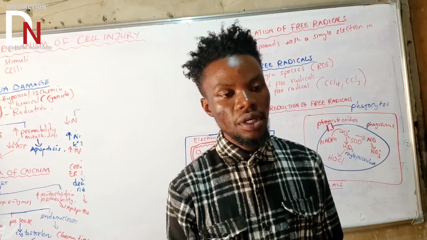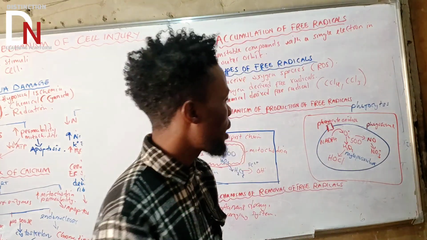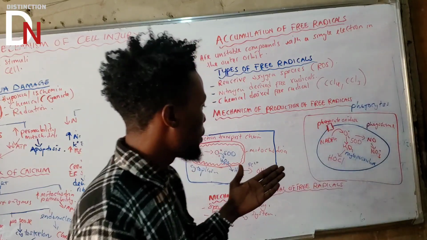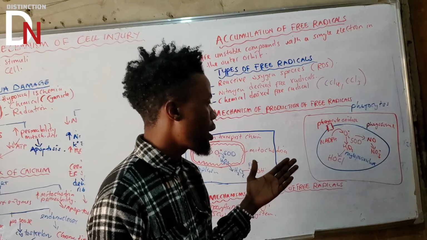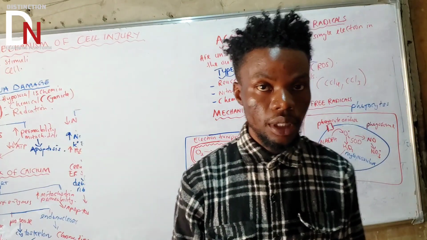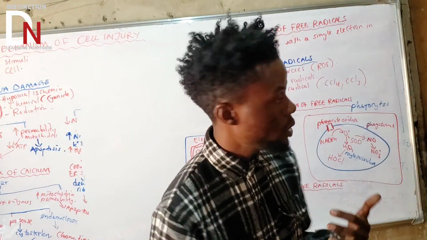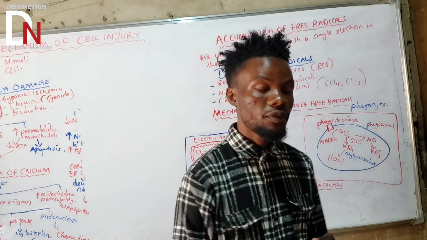Glutathione is one of the very important enzymes that's going to get the superoxide and the hydrogen peroxide and convert it into water. Very important, and it's one of the scavenging systems. Basically, it's going to help in the removal of free radicals, oxygen free radicals.